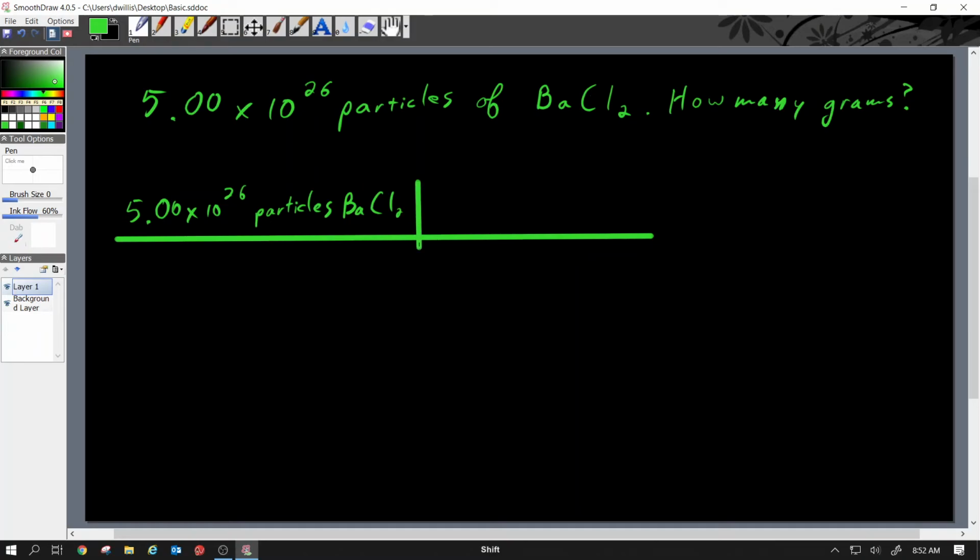Hey, what did I tell you the first step was going to be always? Okay, we write down what we started with. When we're going from particles to grams, the first step is always to go to moles. You always have to go to moles in between.